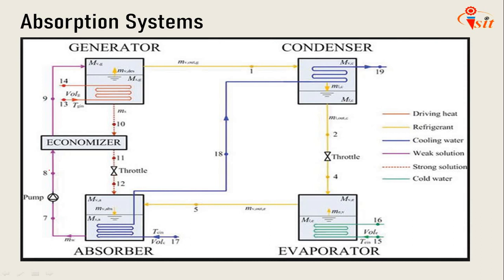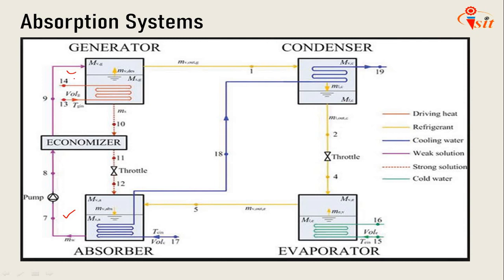The mechanical compressor in the conventional vapor compression cycle is replaced by a thermal compressor in the absorption refrigeration cycle. The thermal compressor consists of an absorber and a generator. Here it is shown, the absorber and generator, which replace the compressor.